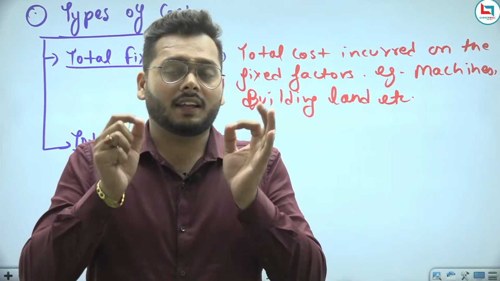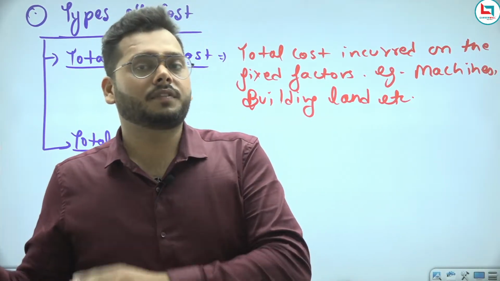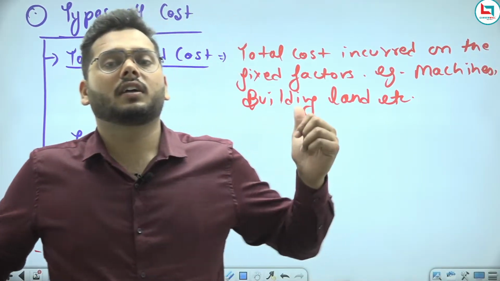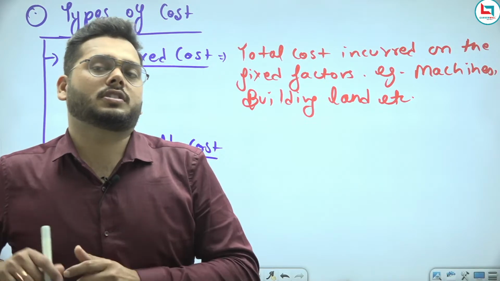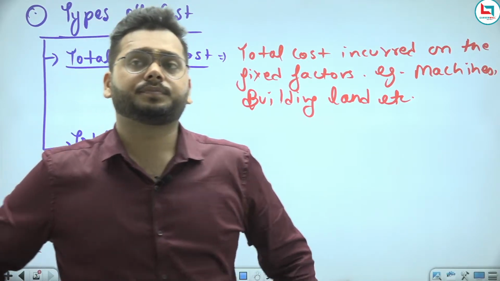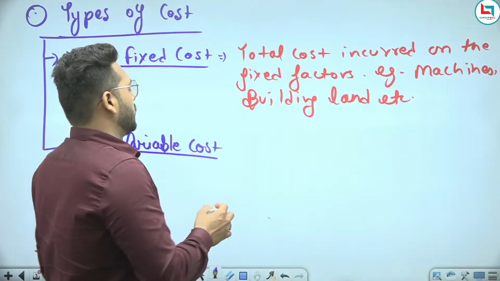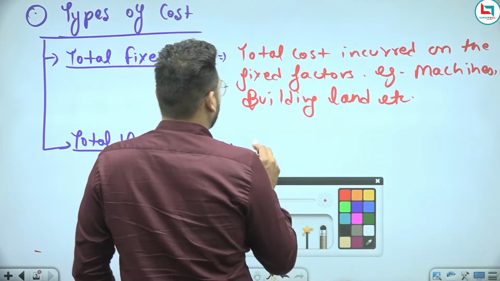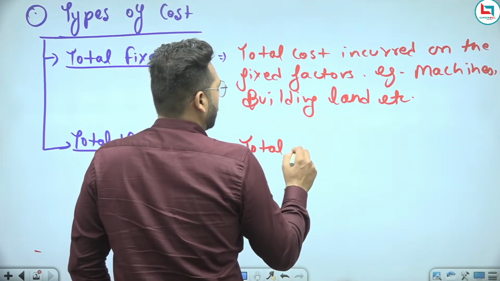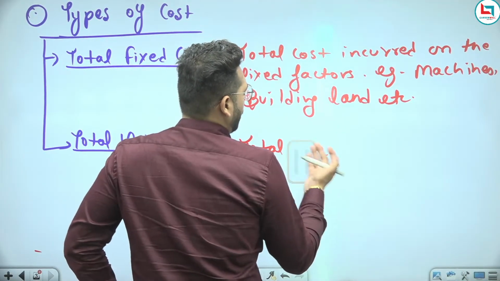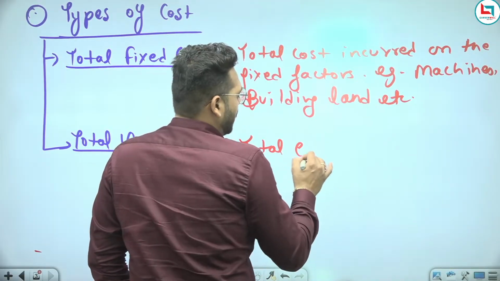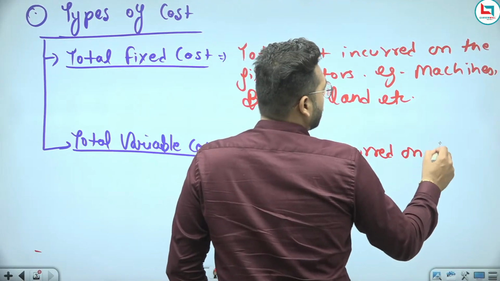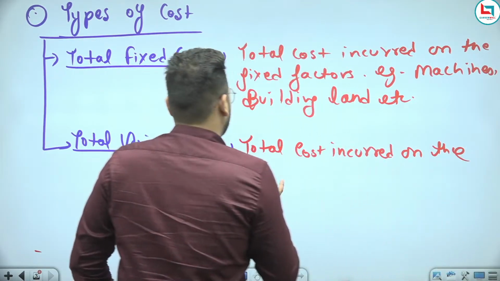Whatever the cost incurred on the variable factors, whatever the expenditure done on the variable factors, it is called total variable cost. Am I clear to everyone or not? So what is the total variable cost? Total expenditure, or you can say total cost incurred on the variable factor.